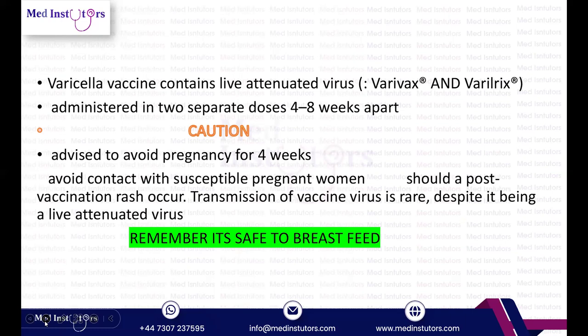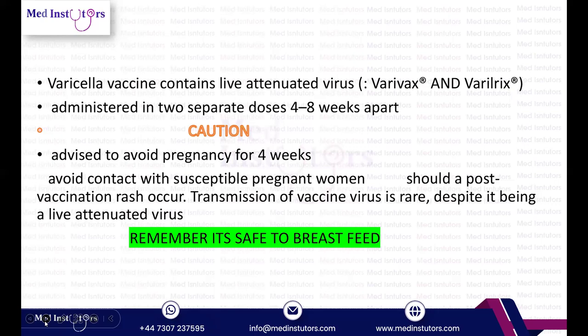Since it is a live attenuated viral vaccine, there are 3 important things we have to tell the patient. Number one, avoid pregnancy for at least 4 weeks. Number two, avoid contact with a susceptible pregnant woman. Why? Because even though she has been vaccinated, it's still a live virus, and there are chances of a post-vaccination rash, so it could be transmitted to susceptible pregnant women.